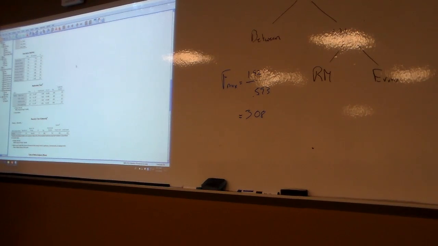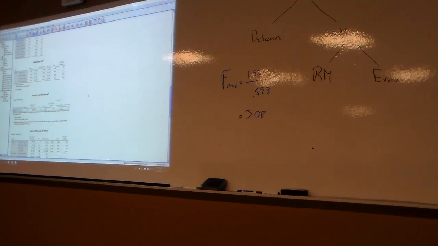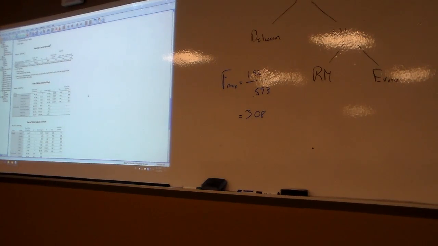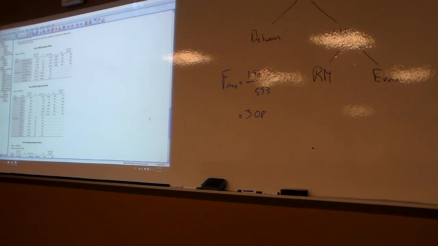Which doesn't make me super hopeful, okay? But I've got a large sample. This is a very, very large sample that I've collected, so take some solace in that. I'm going to ignore my multivariate test. We're going to ignore my sphericity test, right? And again, it's violated, but we assume that it is anyway.